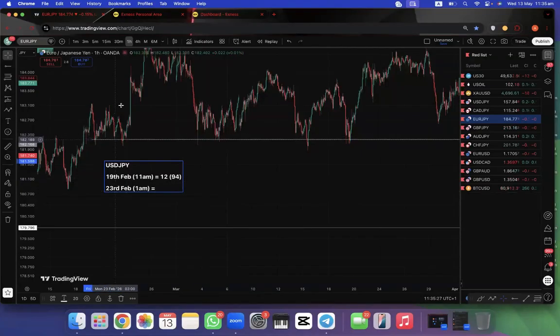It just touched the entry point and flew. So I'll put a decimal point here to indicate the market did not move against, or you can put 0. So it just respected the entry point and got 66 pips.